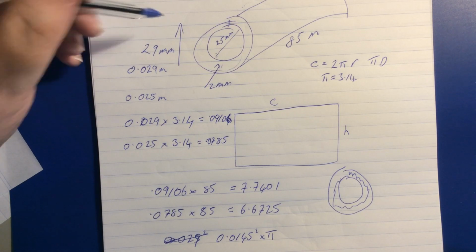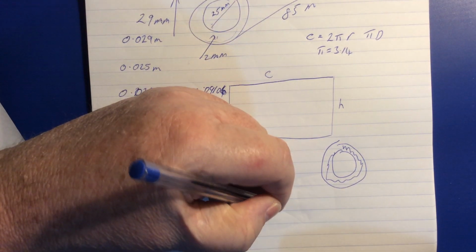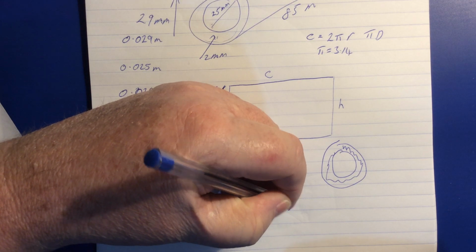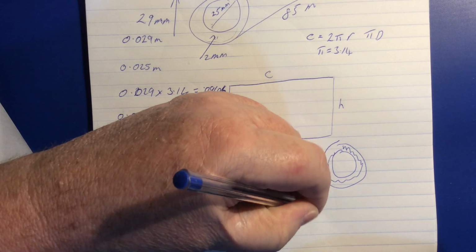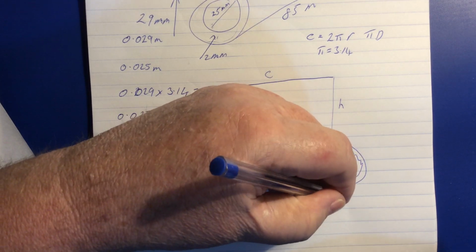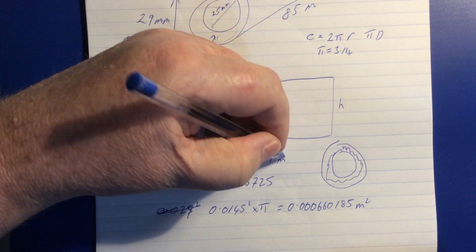Common mistake, very common mistake. Watch for that. Okay, so 0.0145 times 0.0145 equals a very small number, and we'll multiply that by 3.14, and that gives us 0.000660185 meters squared. By the way, these are meters squared.